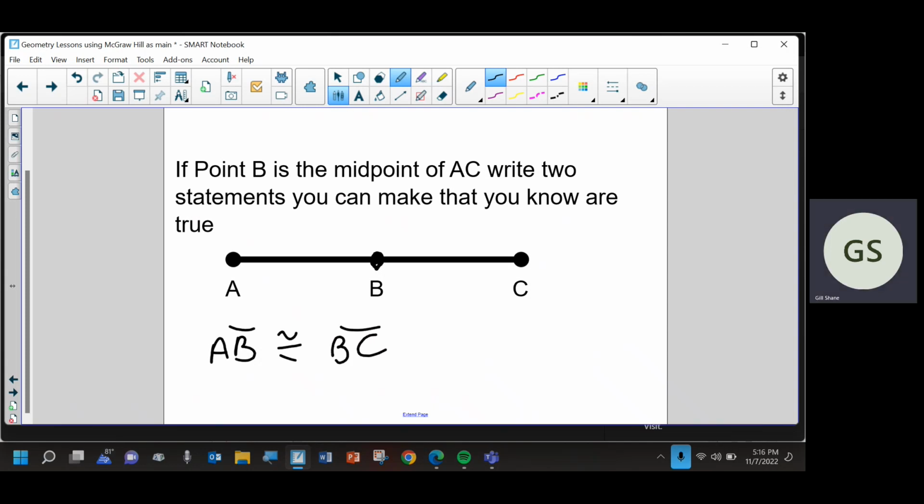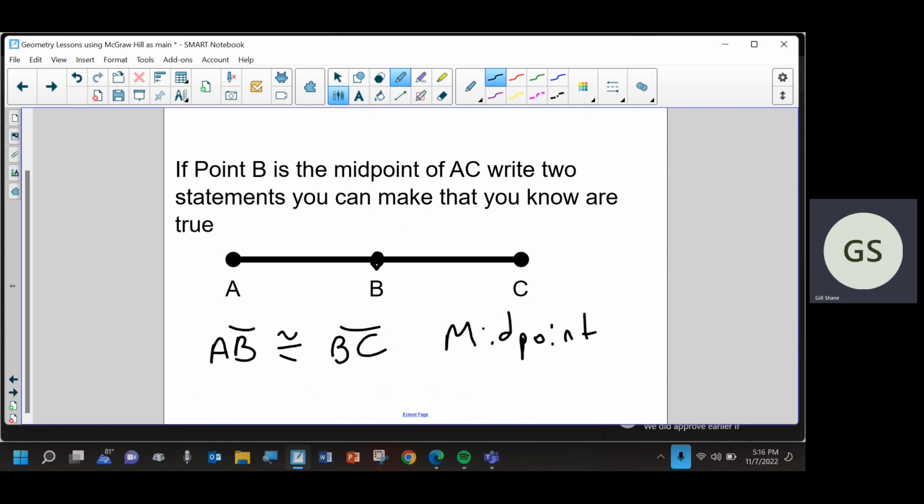That's really the only statement that you would be able to say is unique to the fact that B is the midpoint. We can also say from that statement, so that's the midpoint theorem because it's about congruence. We did a proof earlier.